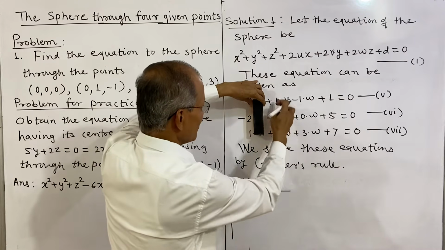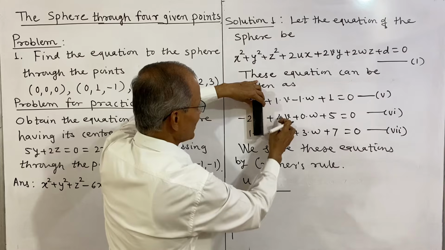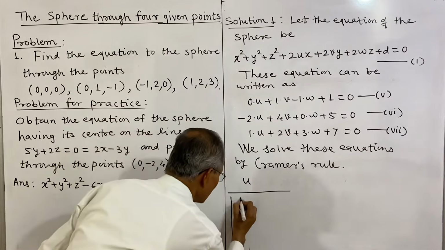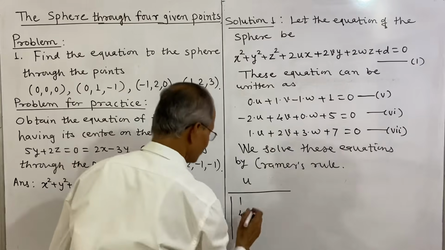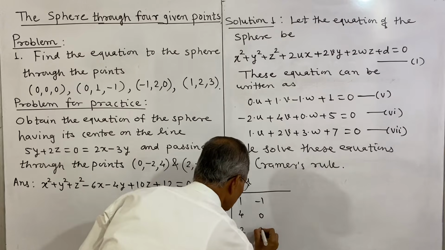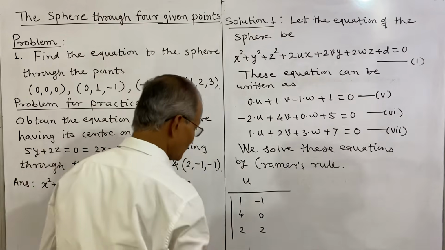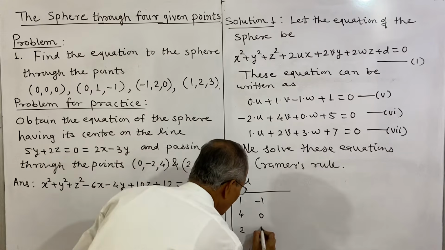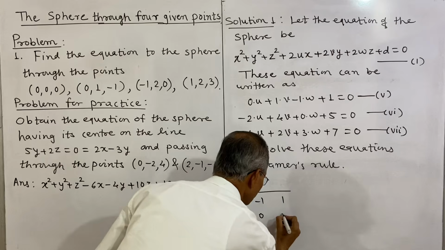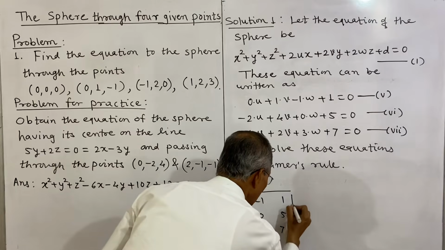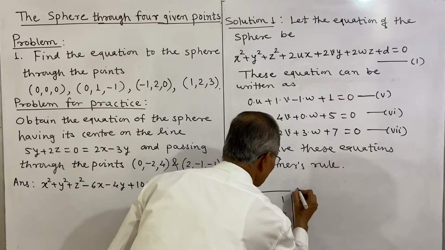Written column wise, it is 1, 4, 2, and then minus 1, 0, 3, and next 1, 5, 7. This is u divided by this expression.